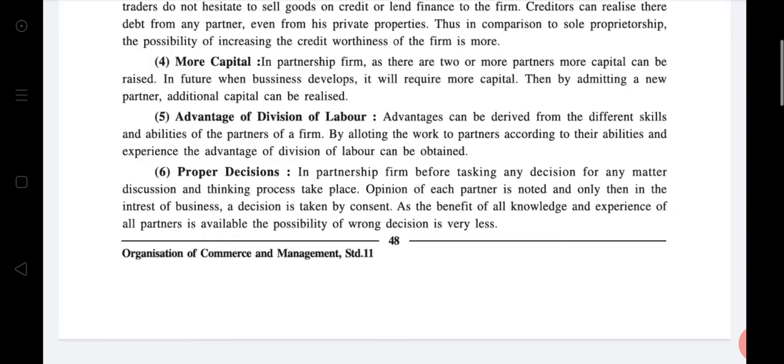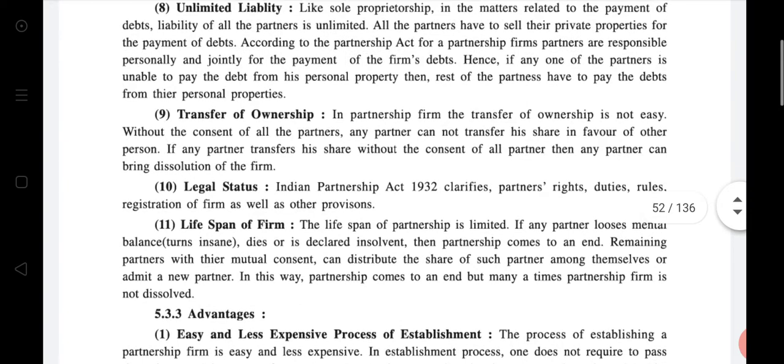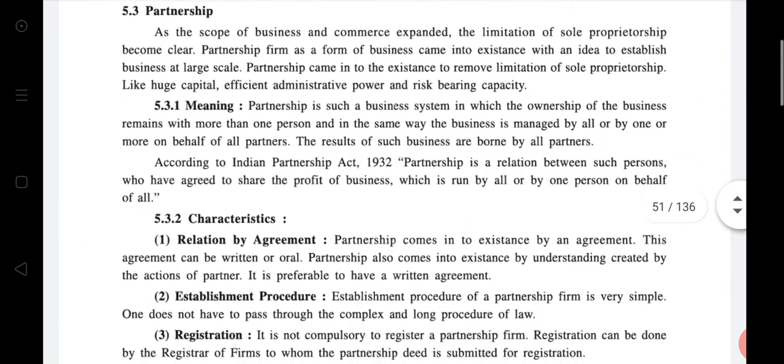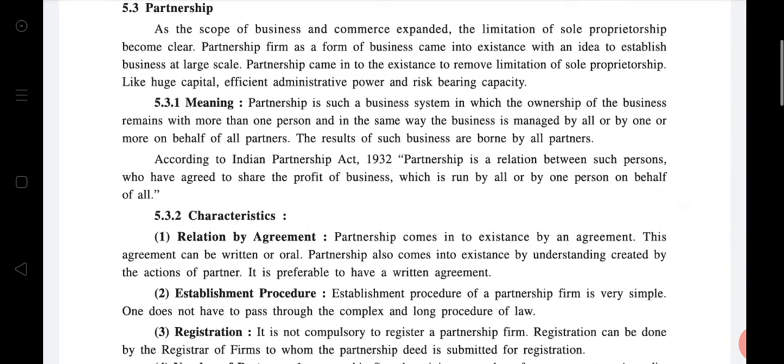So now I give a reading time for all these points, starting from the partnership. So your time starts now. 2 minutes for characteristics, 2 minutes for meaning and first paragraph, and 2 minutes for advantages. So that is a total of 6 minutes you have for reading.